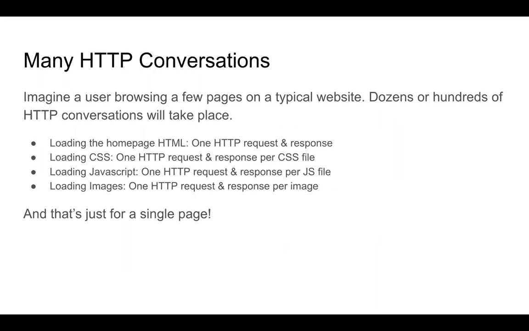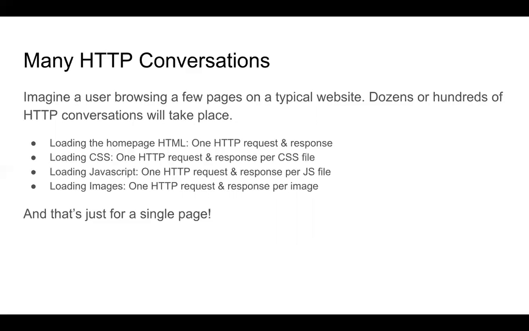HTTP conversations are not quite as simple as you send one request, you get one response. Whenever you visit a page, there are dozens or hundreds of HTTP conversations taking place in rapid succession. When you load the home page with the HTML, that's one request and one response. When you get the CSS, that's another request and response.